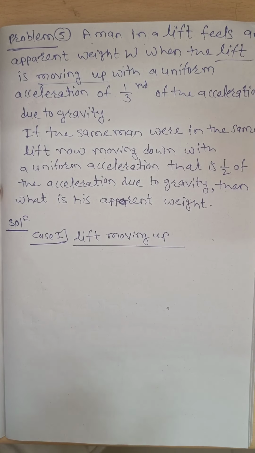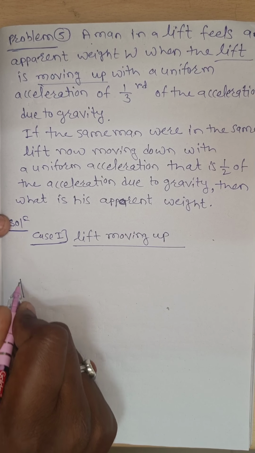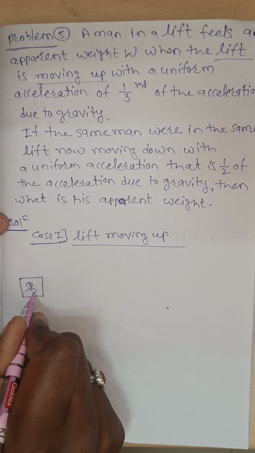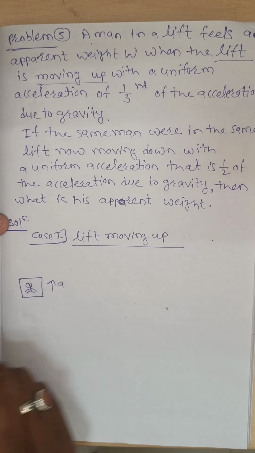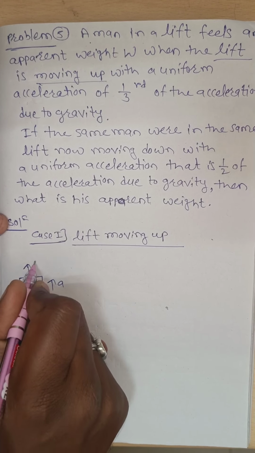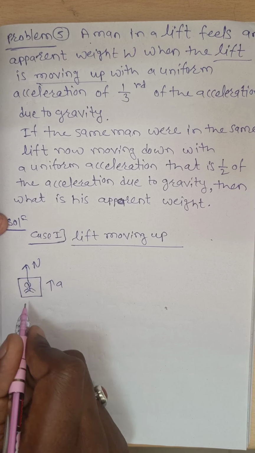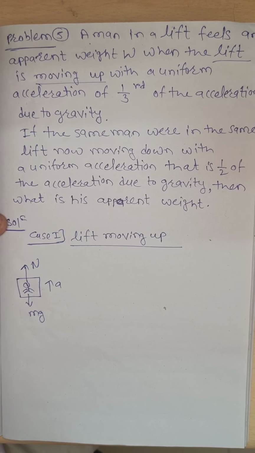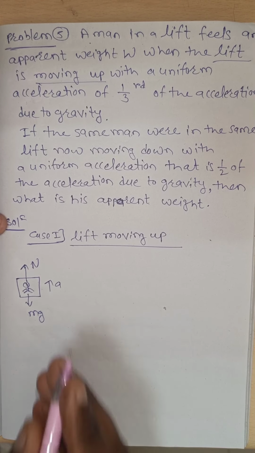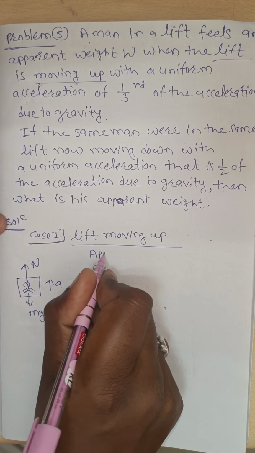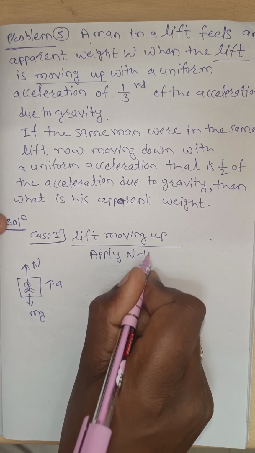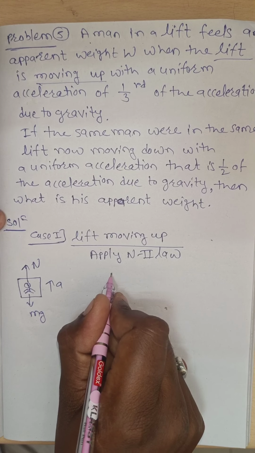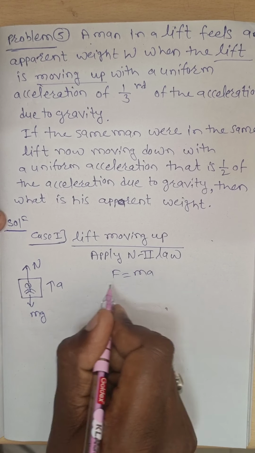When the lift is moving up, the acceleration is in the upward direction, the normal reaction is in the upward direction, and mg, the gravitational force, is in the downward direction. Therefore apply Newton's second law. What is Newton's second law? F is equal to ma.